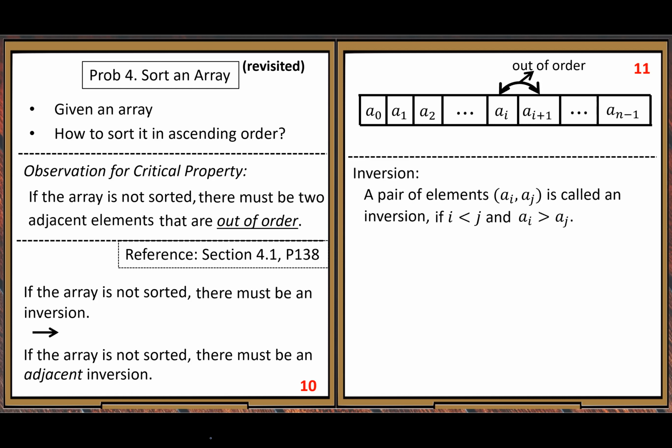Think about that: when you do less work, you can improve your solution and reduce the cost of your algorithm. So we prefer the second version, the adjacent inversion.